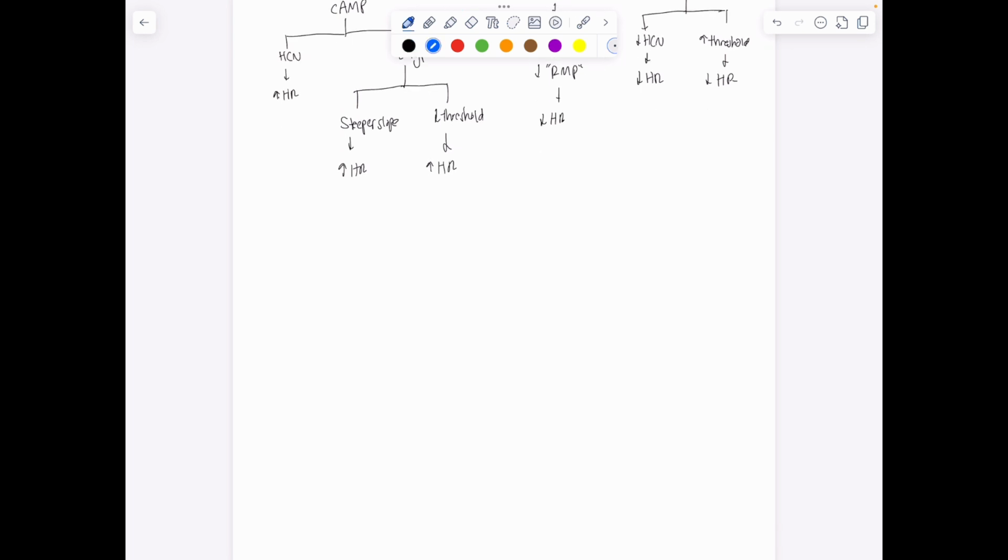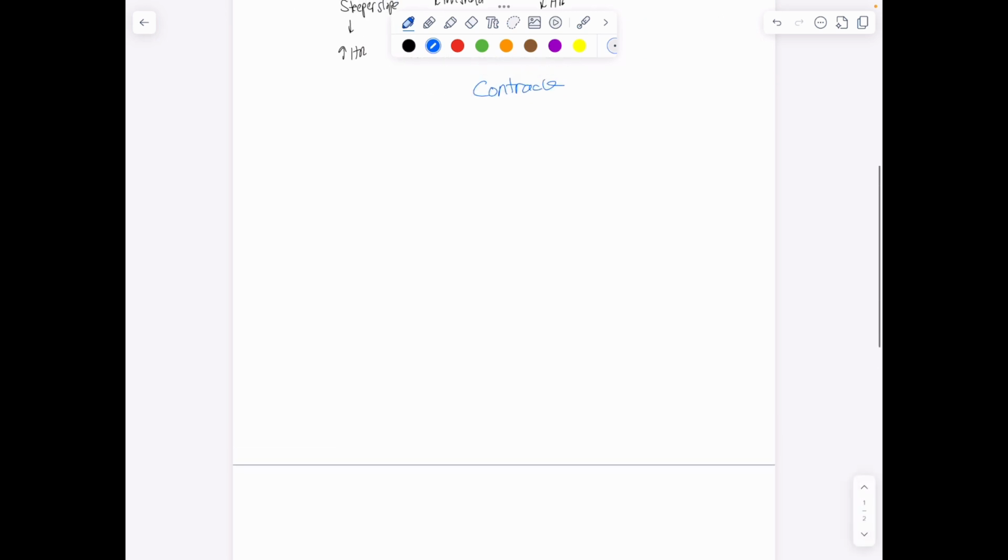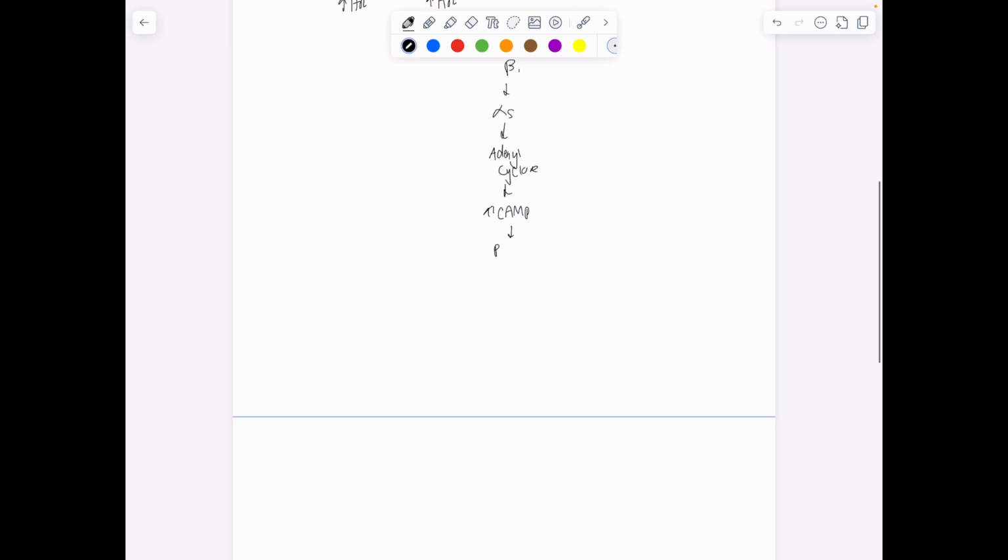And then we have our contractile cells. We'll have epinephrine and norepinephrine that will activate our beta 1. That will go to our alpha subunit. And then we'll have adenylyl cyclase, which will increase cAMP, which will then activate protein kinase A, which phosphorylates everything, and then it'll be broken into four categories.